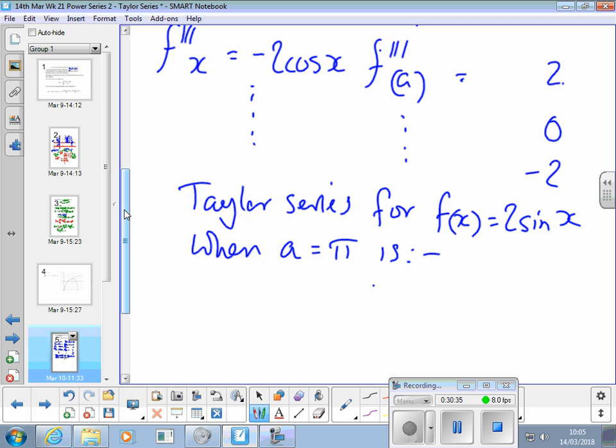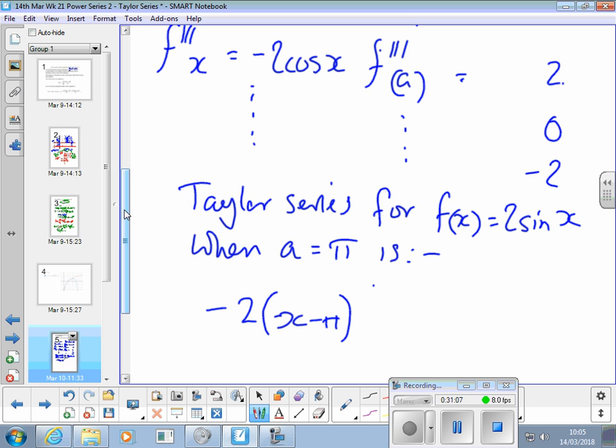First term is 0, so there's no constant term. Then we got -2 x minus pi. The next term, squared term, is 0.